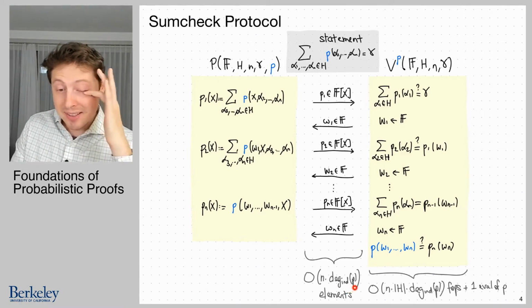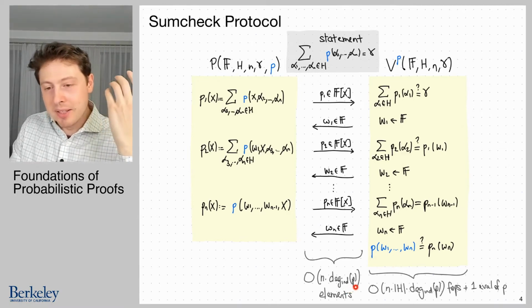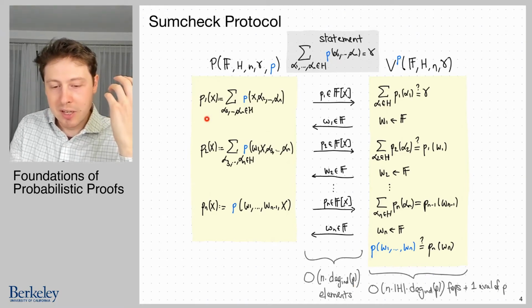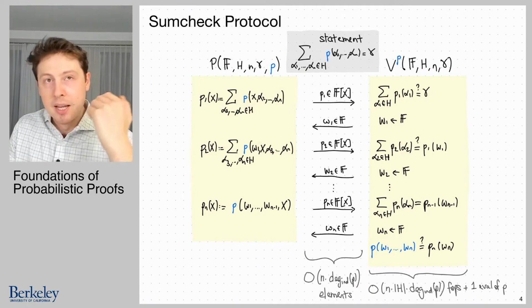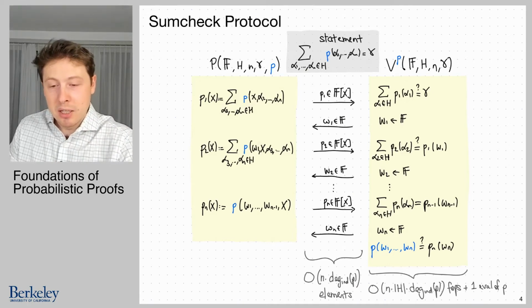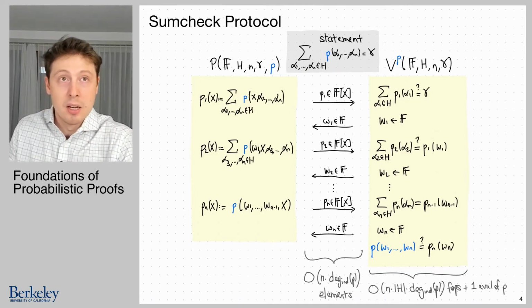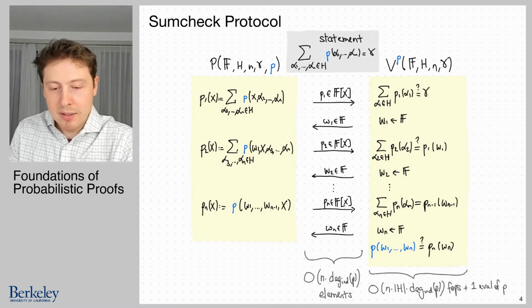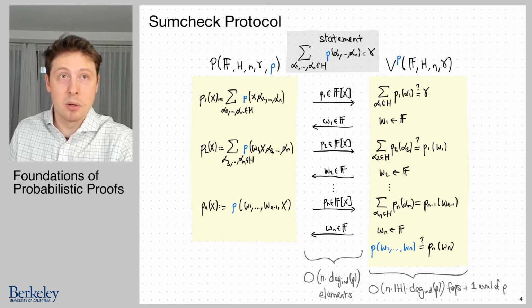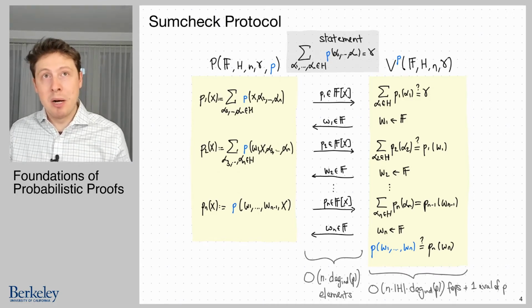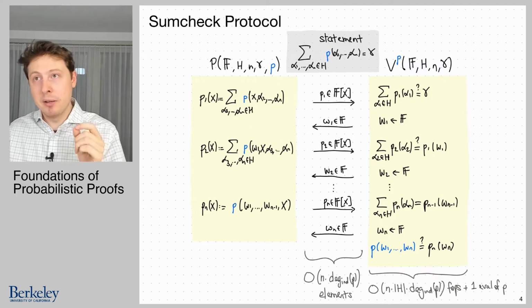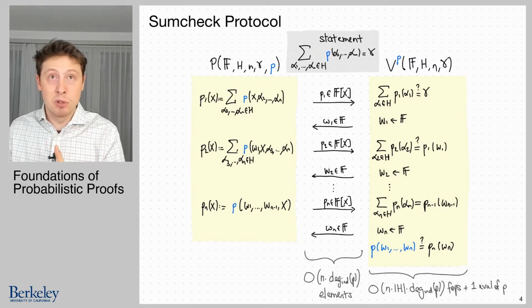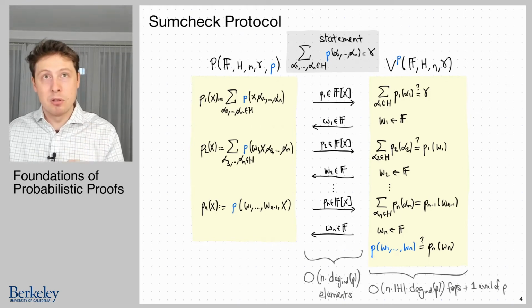Notice that obviously the degree of the original polynomial is going to influence the degree of the univariate polynomials I send. Now, we have a bound on the total degree of P from the prior slide. Though really, what matters most of all here is the individual degree. When you have a multivariate polynomial, you can bound the total degree, which is the sum of the powers over any monomial. The individual degree is the maximum of the powers over any monomial.